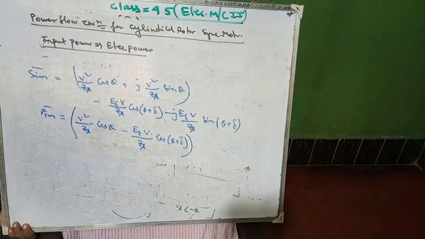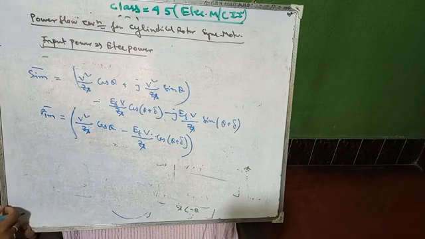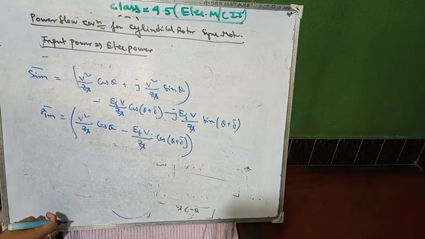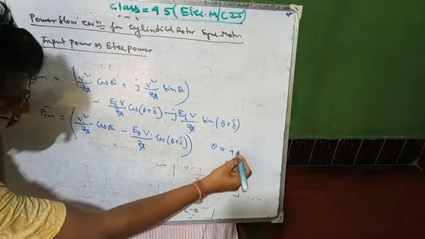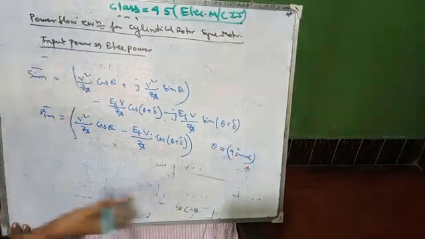If we apply the value of theta from the impedance triangle, theta equals 90 degree minus alpha.